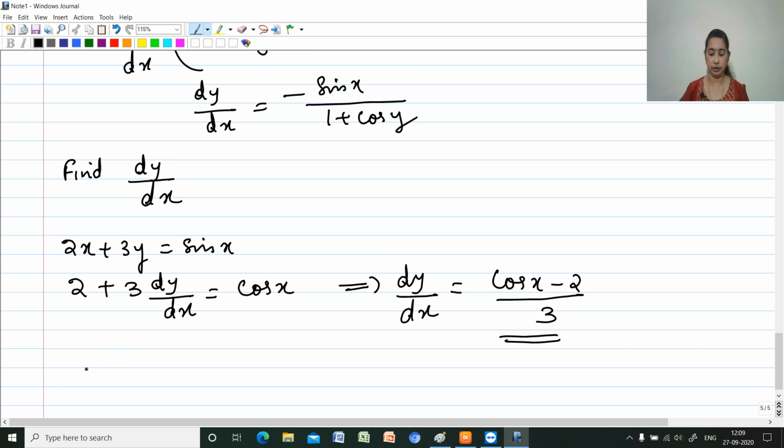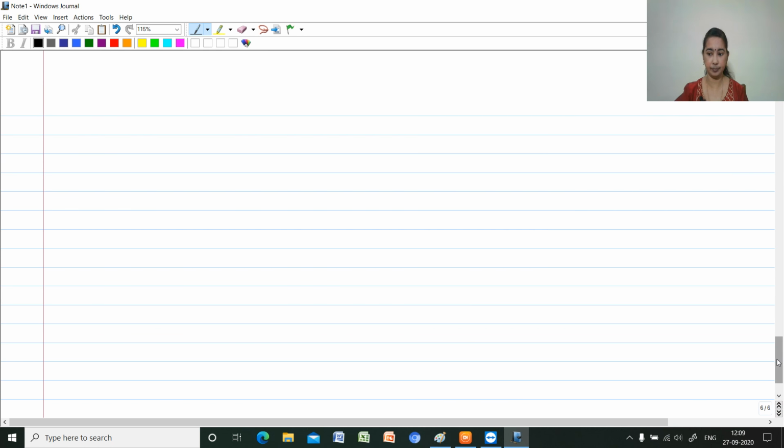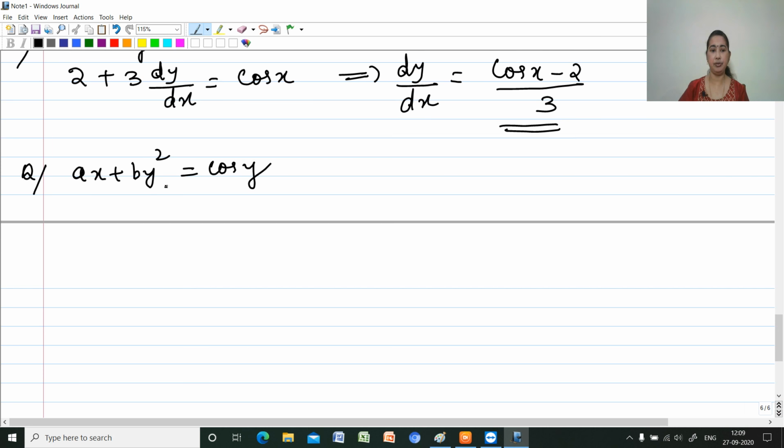Next question. Next one is ax plus by square is equal to cos y. Differentiating with respect to x, ax becomes a plus b into y square, that is b into 2y into dy by dx.